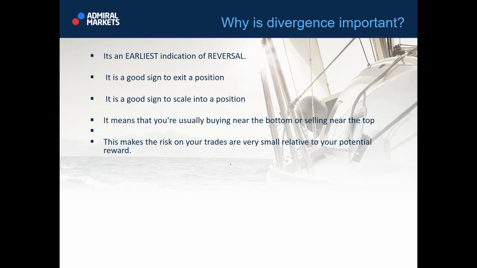So by using divergence, you will be exiting early before price actually makes its retracement, which is good, because you might be exiting at the resistance or at the support. But it also means that you will be buying near the bottom or selling near the top, because you always want to buy low, sell high.